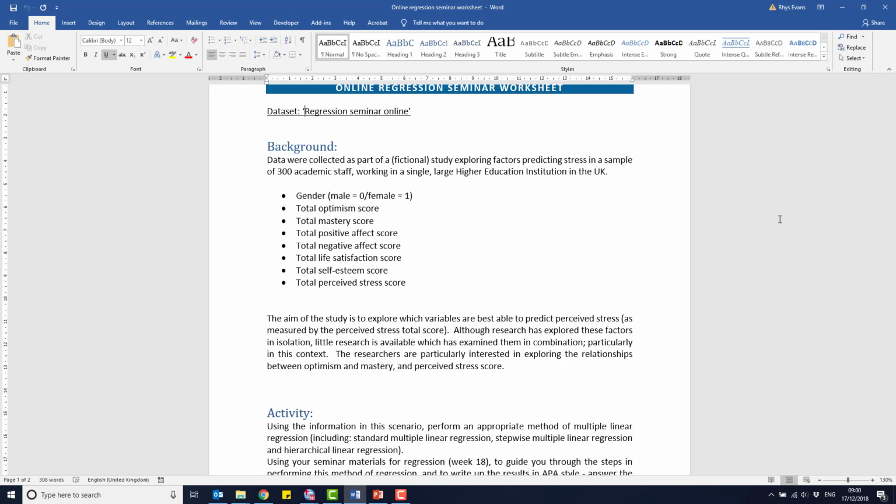We have a total optimism score, a total mastery score, total positive affect and negative affect scores, a life satisfaction score, and a self-esteem score. Those are our predictors, and our outcome is the total perceived stress scale score. In each case, higher scores mean more of that construct. So higher levels of optimism are reflected by higher scores on the optimism measure, and so on.